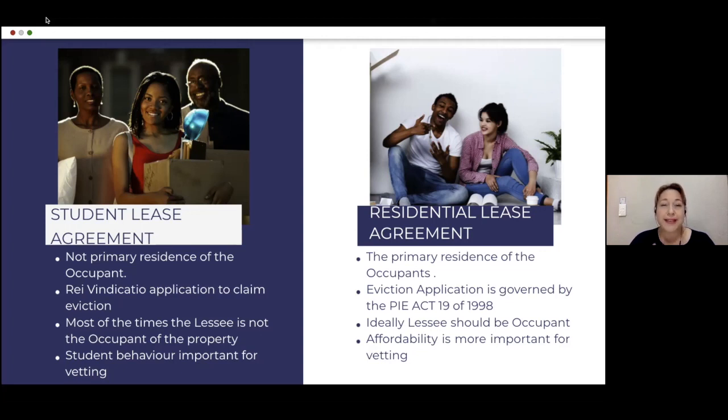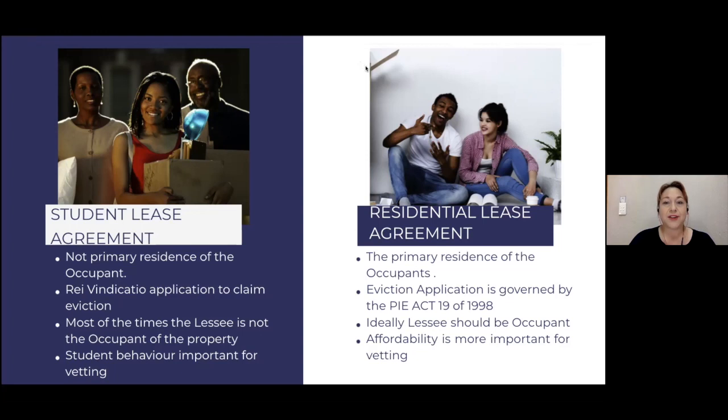Just to recap, you have a lessee in an agreement and you have an occupant on an agreement. Your occupant doesn't necessarily have to be a lessee. I'm going to go into that in more detail when I address student accommodation, as that will divide it and make it very easy to understand.